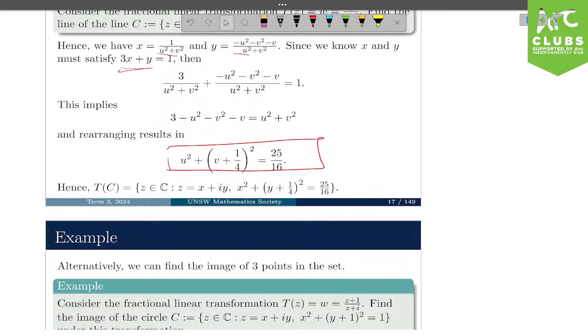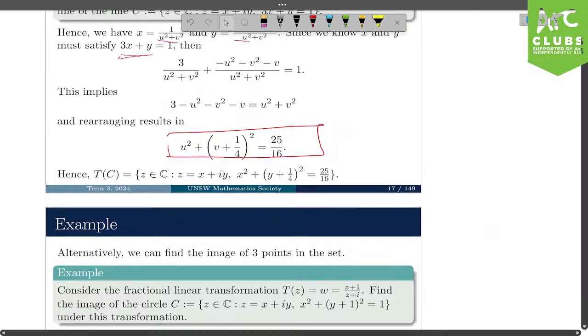If we know where the 3 points are, we know what the circle or line is. Let's say the image of the 3 points is not collinear. Those 3 points define a circle, so we know what the circle is. However, if the 3 points we find are collinear, that means the image isn't going to be a circle, it's going to be a line. So that's another way we could find the image of our fractional linear transformation.